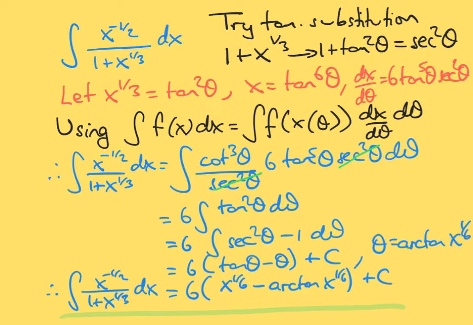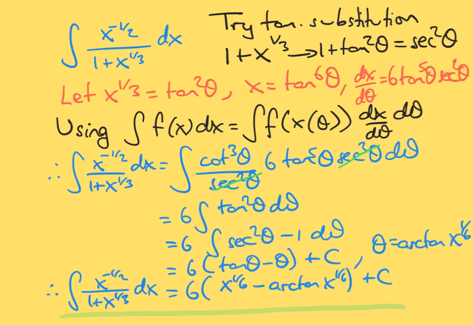Now, what is tangent of theta? Well, it's x to the 1/6, taking the 6th root of here. What is theta? Well, if x to the 1/6 is the tangent of theta, theta is the arctangent of x to the 1/6.